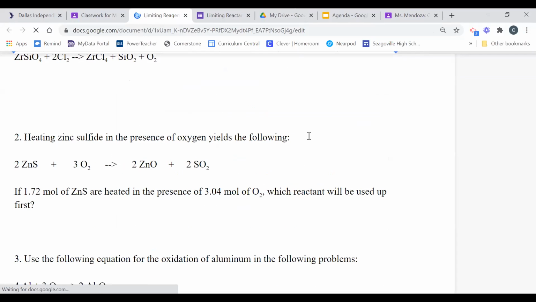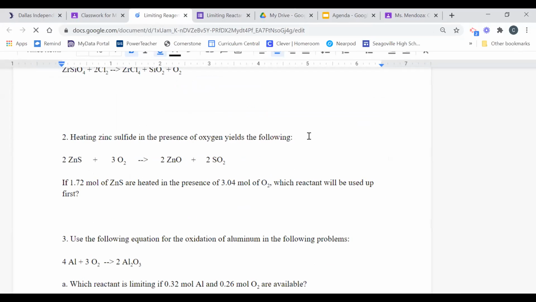Okay, so in number 2, they give you moles and they want to figure out which reactant is going to be used up first, which is going to be the limiting one. So what you're going to do is use a mole ratio, and then you can solve for whichever one you want.